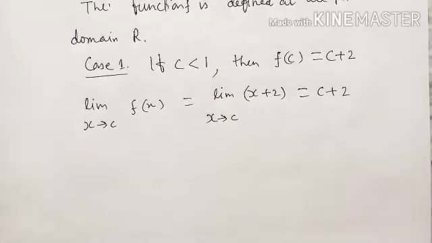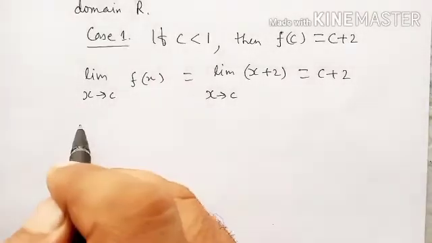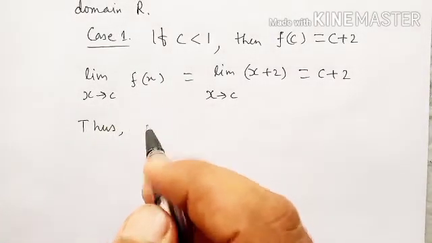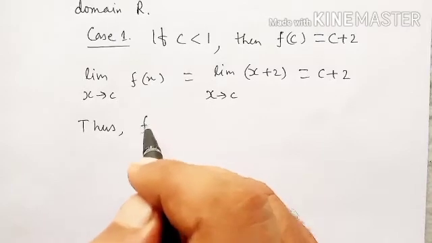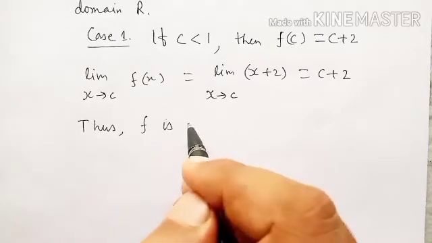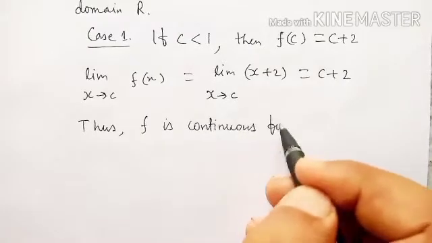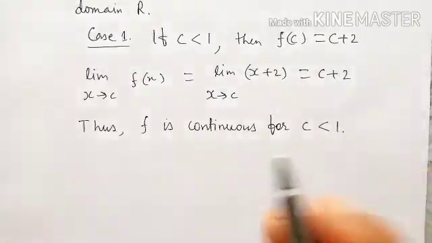Thus f is continuous. You can see f(c) and limit x tends to c of f(x) are equal, so f is continuous for c less than 1.